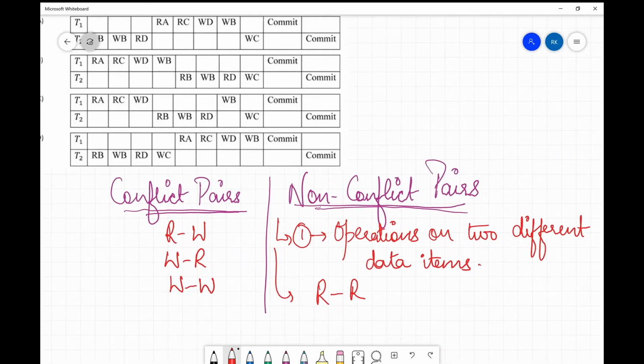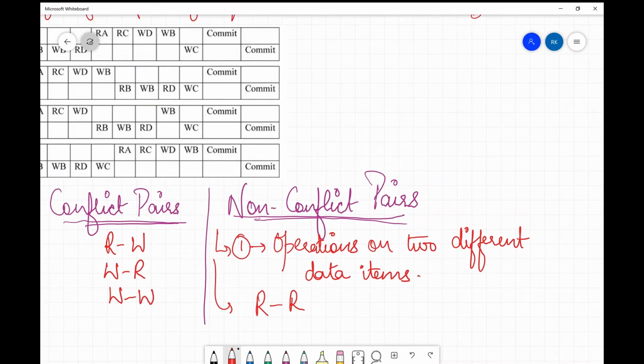If we categorize the conflict pairs and non-conflict pairs, first of all, if the operations are on two different data items, for example, if I have read of X and write of Y, then no matter in whichever order I use them, it doesn't matter. So this pair becomes a non-conflict pair.